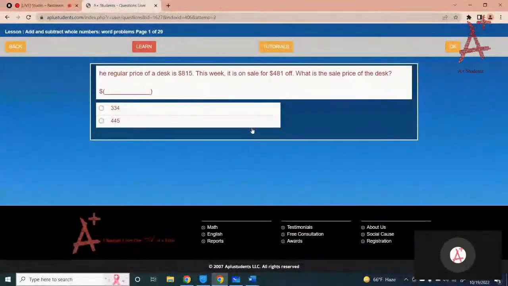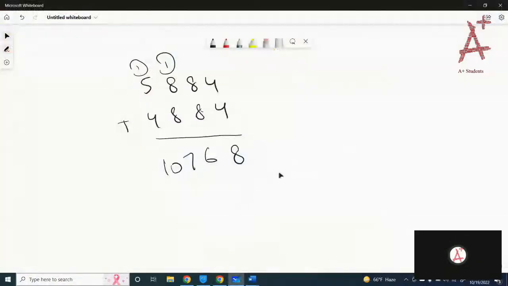If you don't know, just solve them and write the answers in the chat box. Got it? Let's start with the regular price is 815. This week it is on sale and it is 481 off. What is the sale price? You need to find the sale price. You are given the original one and the off, so it would be 815 minus 481.